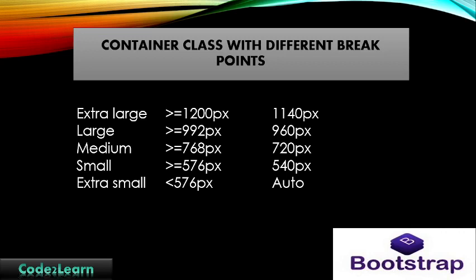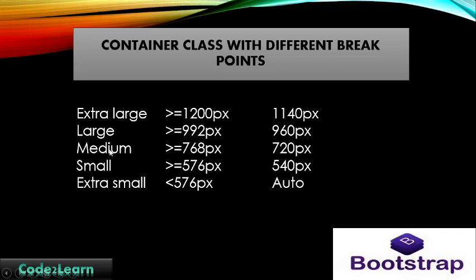Let me show you the size of the extra large screen. If the monitor screen is greater than or equal to 1200 pixel, it comes under extra large screen, as I have told you. If it is greater than or equal to 992 pixel until 1199 pixel, one less than 1200 pixel, then it comes under large screen.